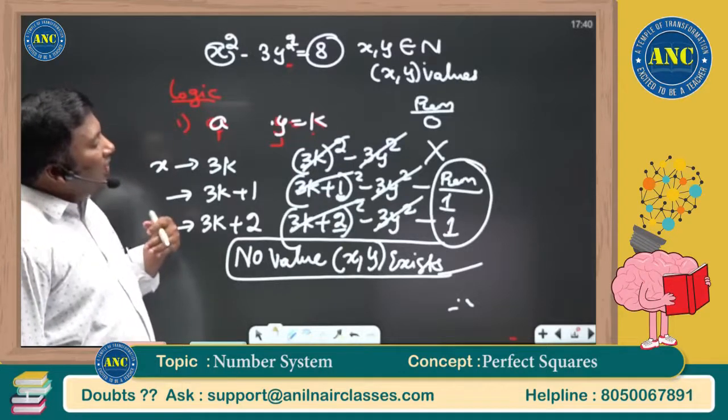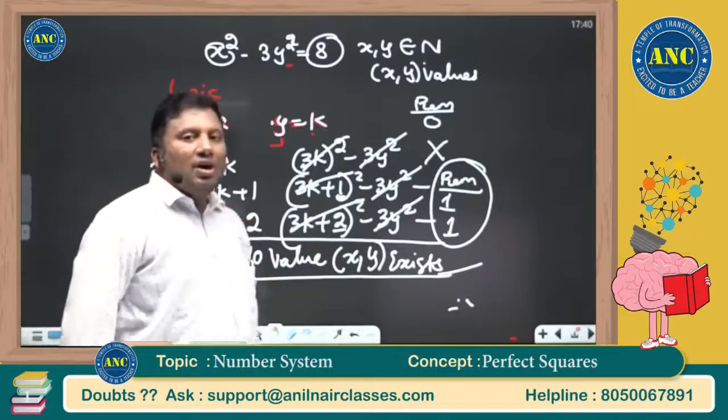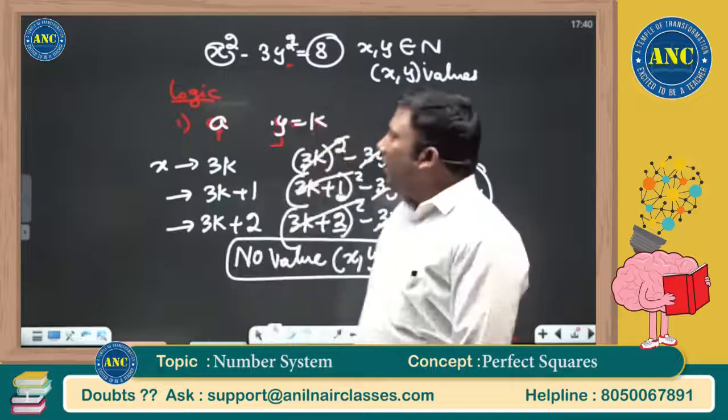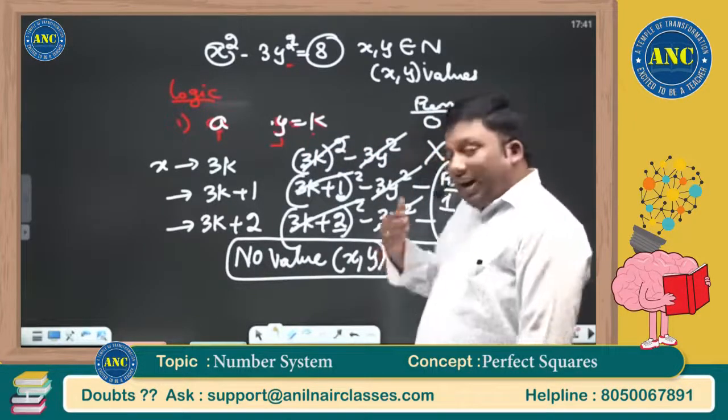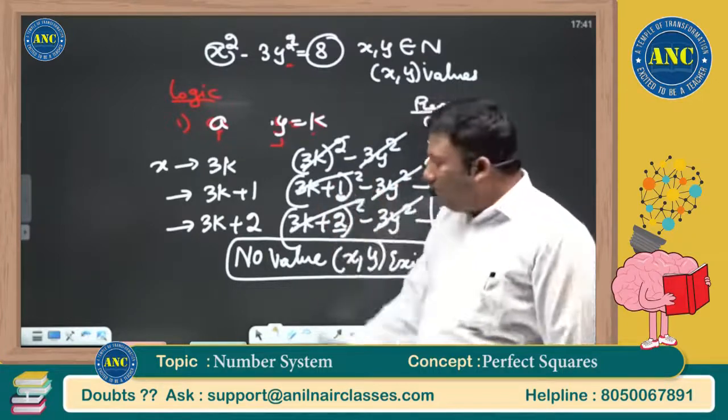So right hand side I got either remainder 0 or remainder 1. I hope the logic is clear. Sir, can I use this logic to solve the previous problem?